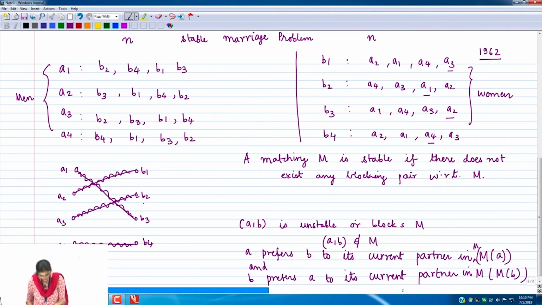Okay, so let's verify. A1 B2 can participate in a blocking pair, but B2 is matched to A3. So A1 with B4. What about this pair A1 B4?